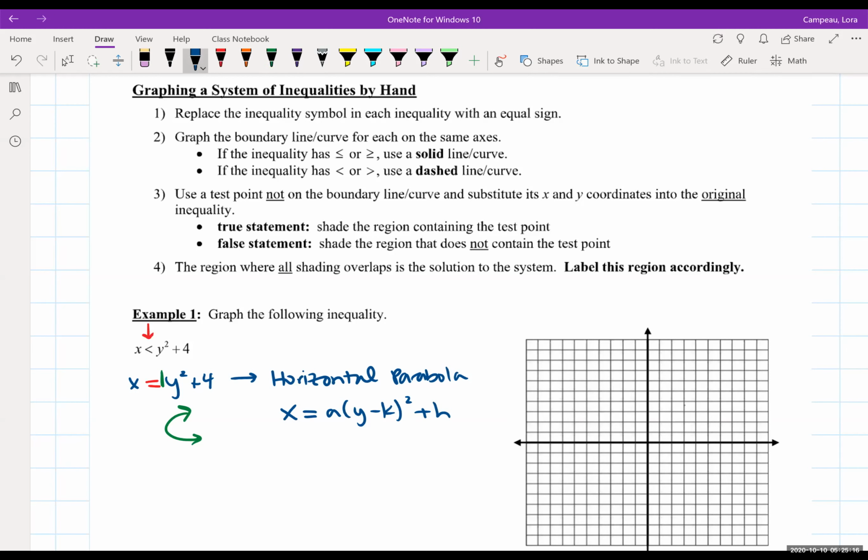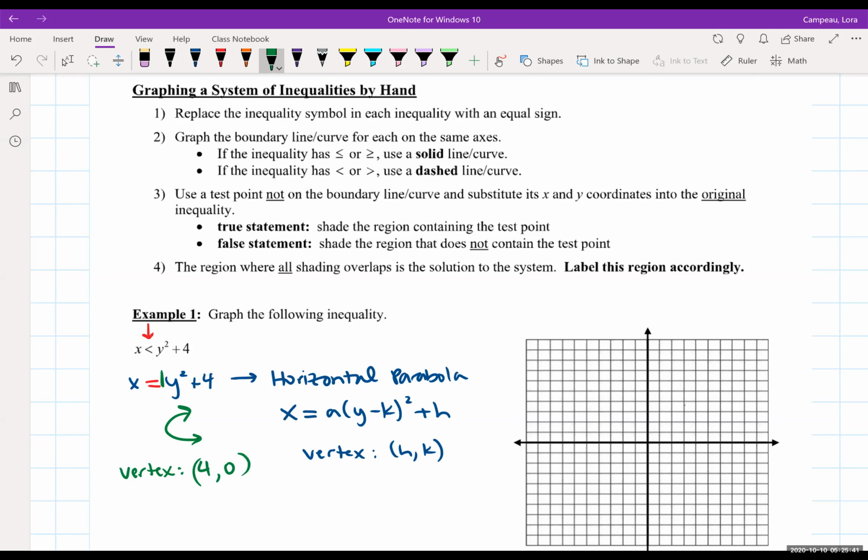With the horizontal parabola, the vertex is always in the form h comma k. So in our case, comparing this to the formula, our vertex is 4, and there's no y minus k, so it's assumed to be a 0, so our vertex is 4 comma 0.